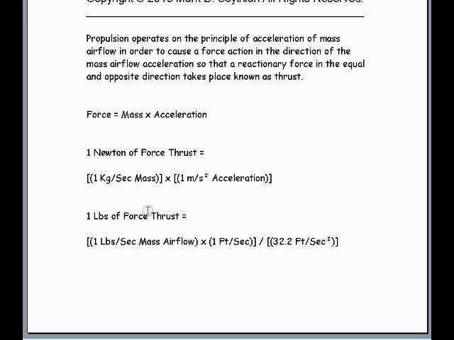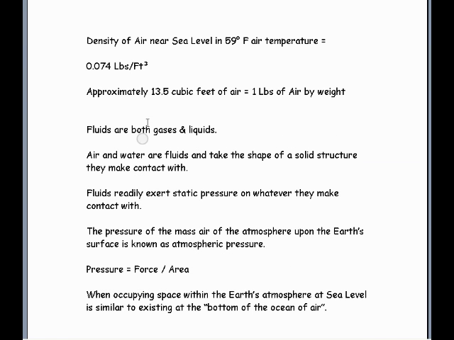But if you're using the US units of measure, you can take the pounds per second mass airflow times the final speed of the jet velocity and then simply divide it by gravitational acceleration, and you'll get the pounds force thrust. The density of the air near sea level and 59 degree Fahrenheit air temperature is approximately 0.074 pounds per cubic foot.